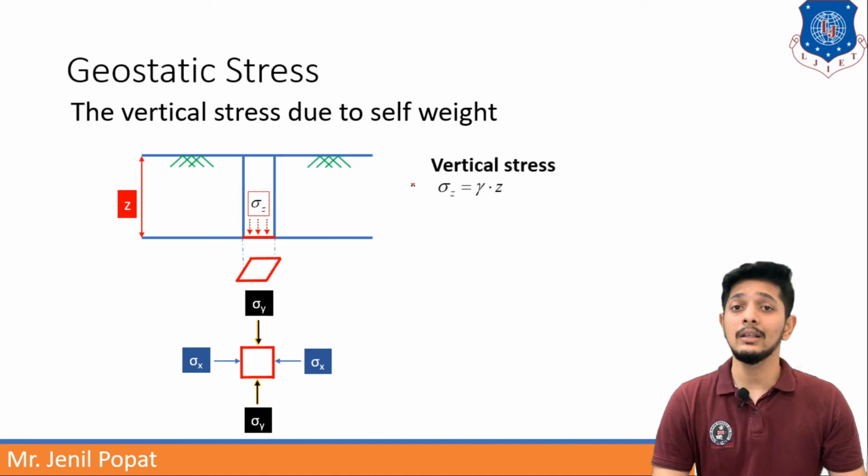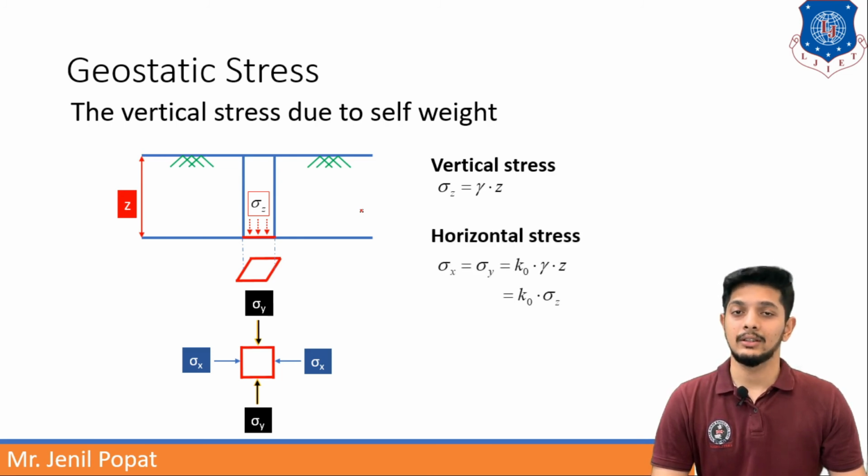Let us understand vertical stresses first. I am calling sigma z the vertical stress. Sigma z may be written as gamma into z, where gamma is the unit weight and z is the depth. Whichever depth at which I am finding my stress value, that is my depth z. Now horizontal stresses: sigma x is equal to sigma y is equal to k0 into gamma into z.